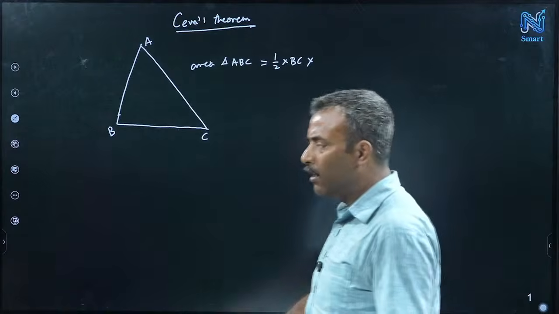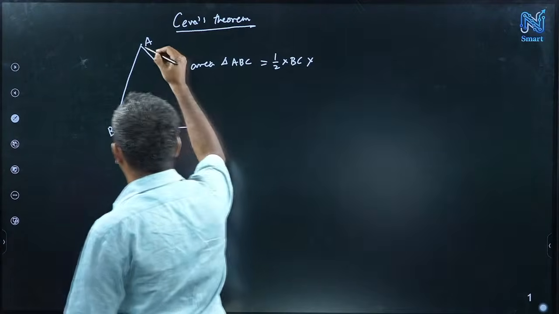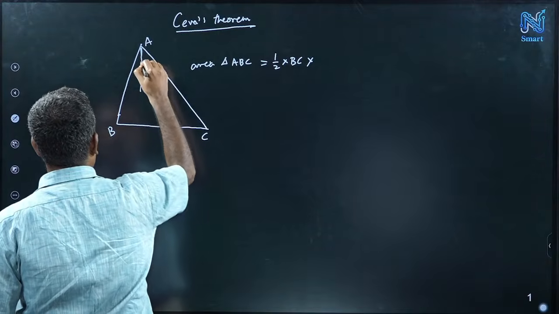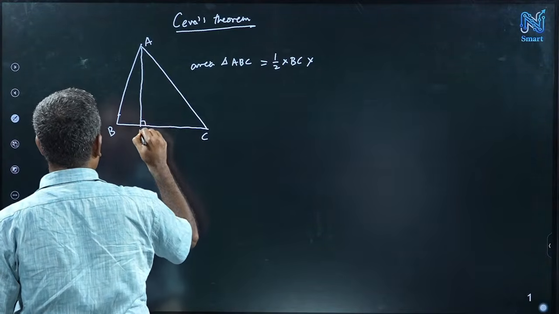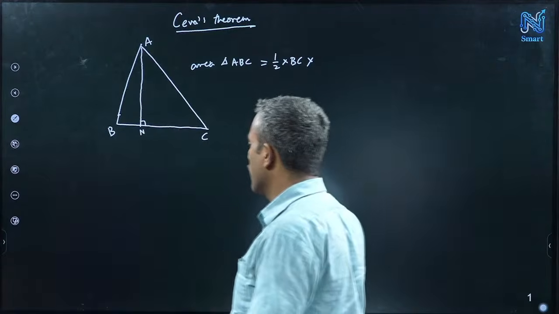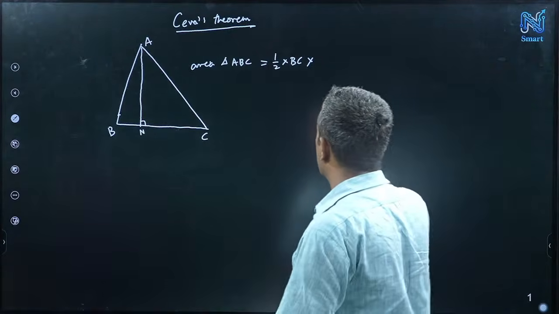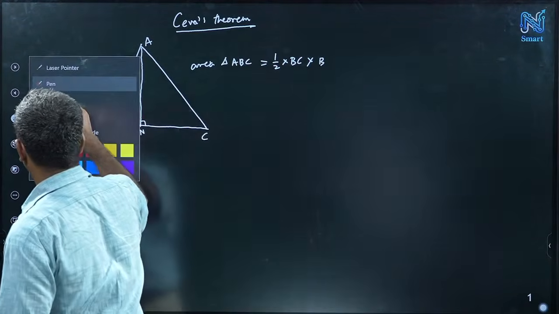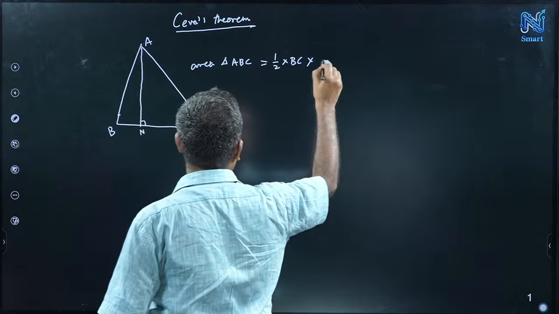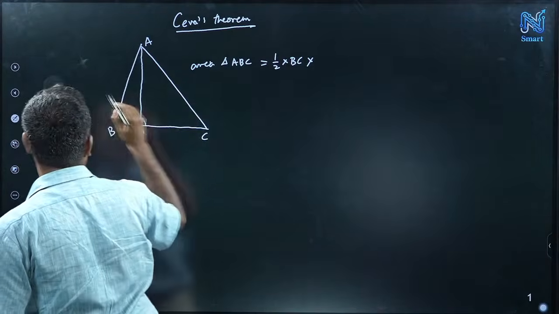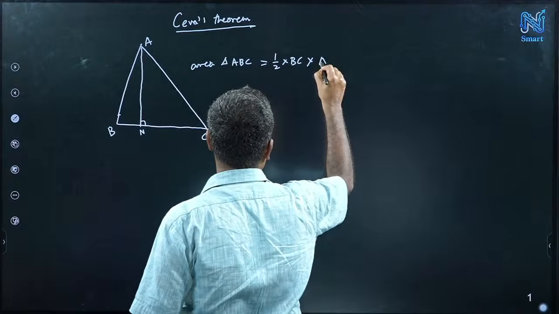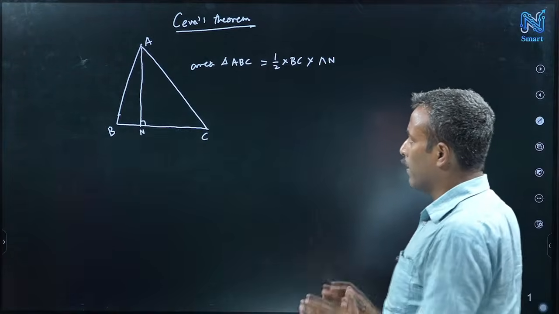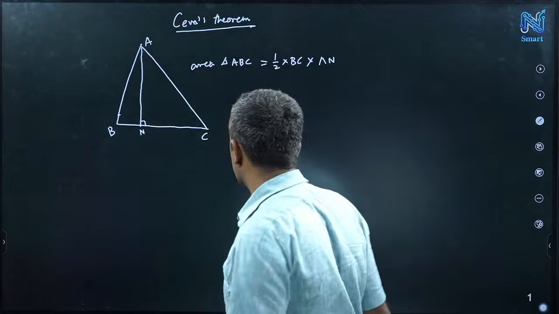And what is the height? The height is from the opposite vertex A. If we draw a perpendicular on BC, with N the foot of the perpendicular, then the area is half of BC into AN. So we know this.